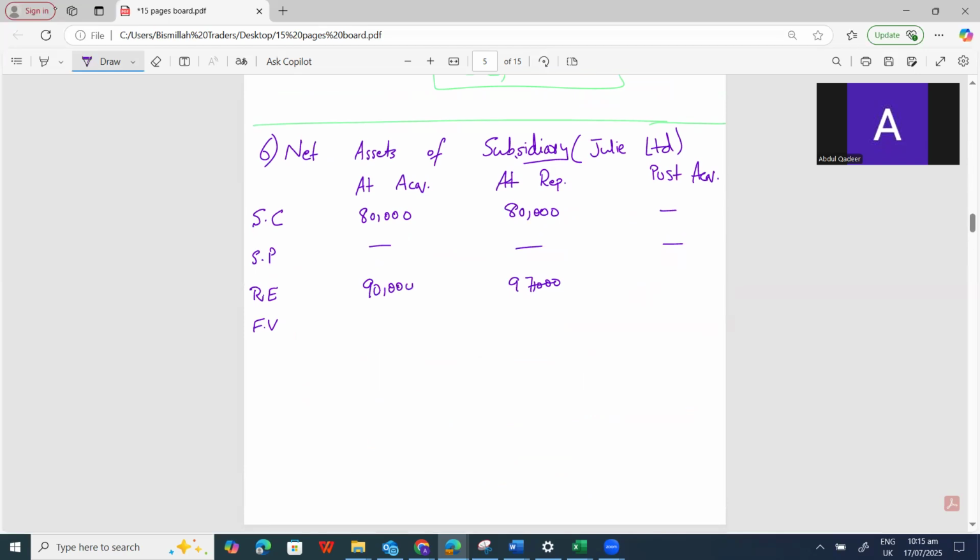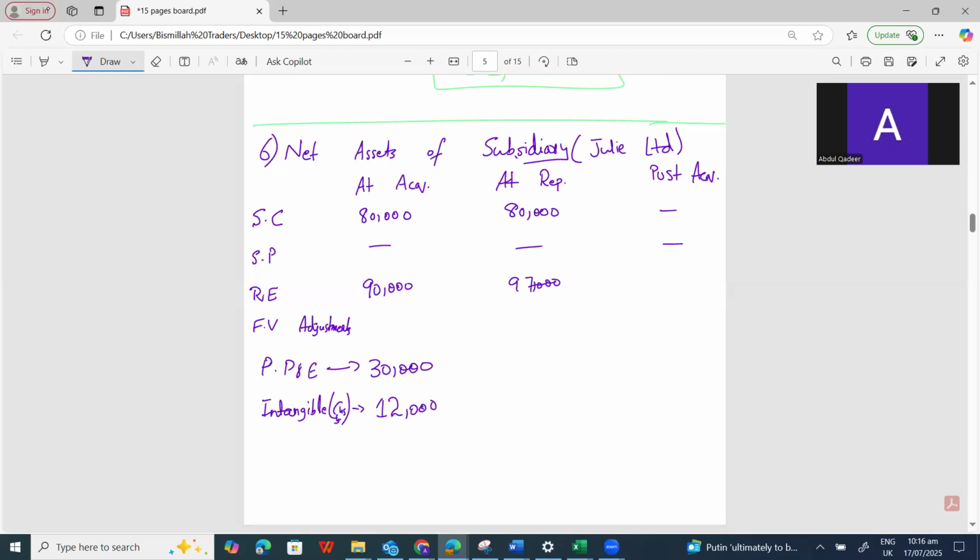Now the fair value adjustments. There were two fair value adjustments. One in the case of property, plant, and equipment, and the second was about intangible assets, like customer base relationship. Property, plant, and equipment, as we know, was 30,000 at acquisition. And intangible assets, customer base, at acquisition was 12,000.